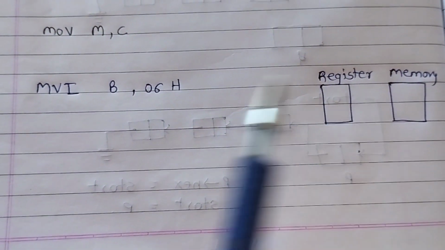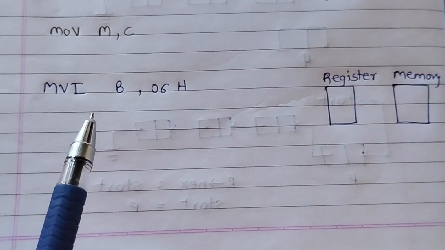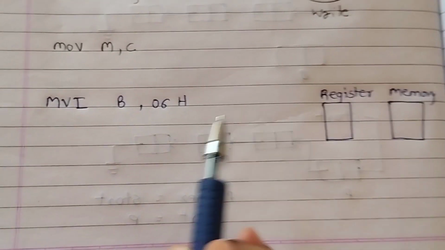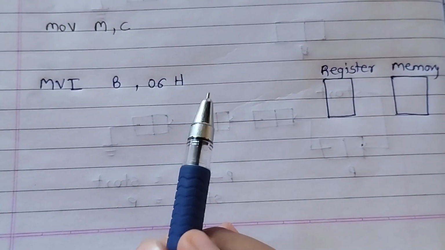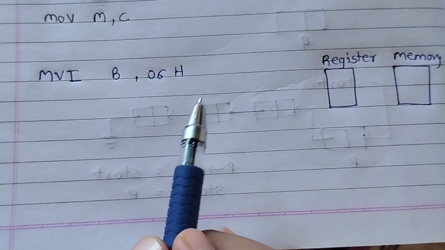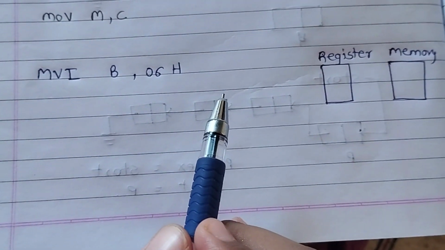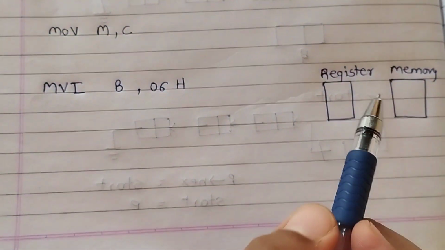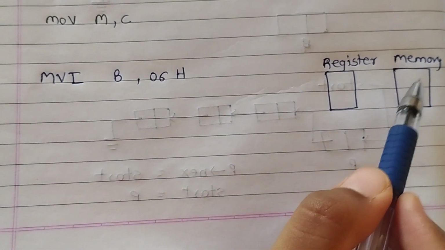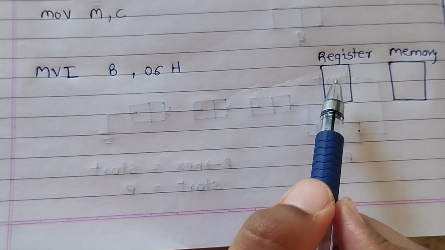For that purpose we use 2 machine cycles for this instruction. One is opcode fetch, which is compulsory for all instructions, and the second is the read machine cycle, because we read 06 from the memory to the register B.